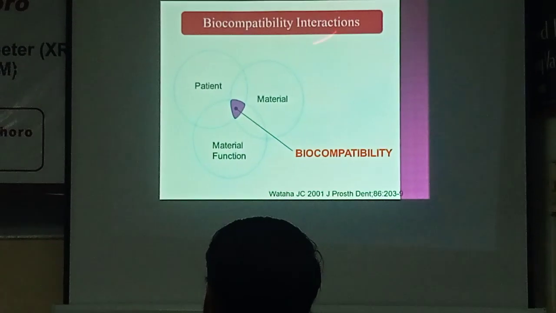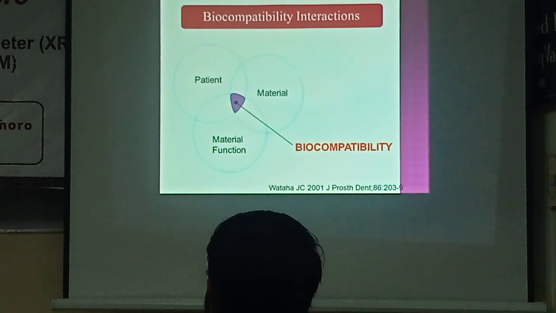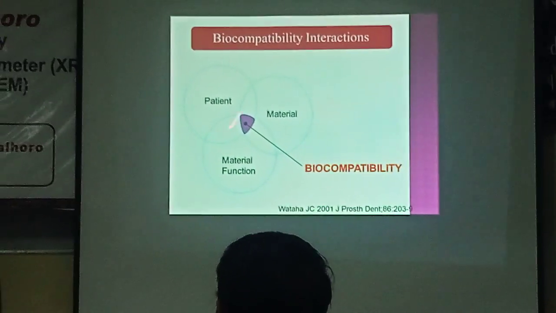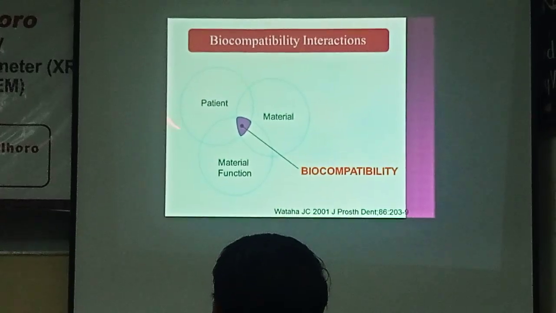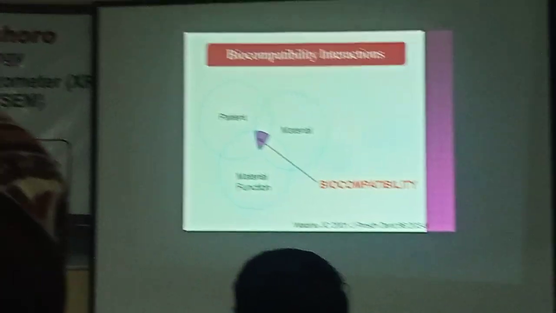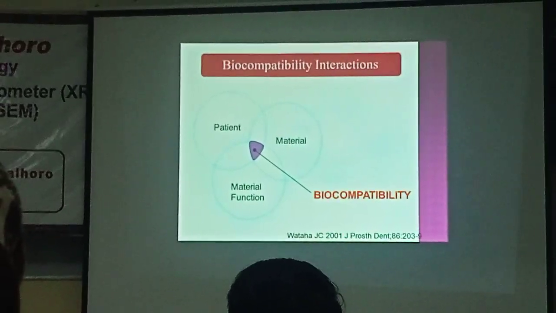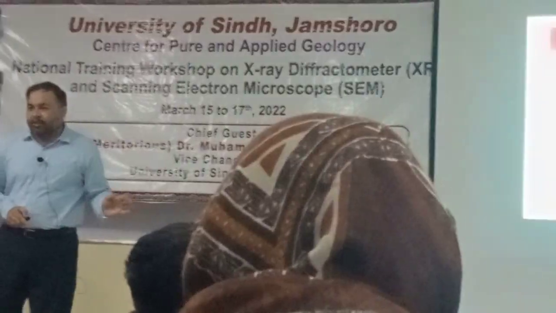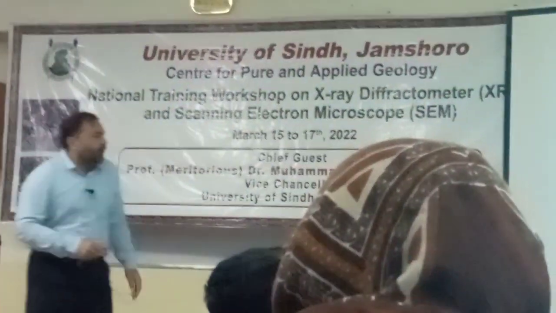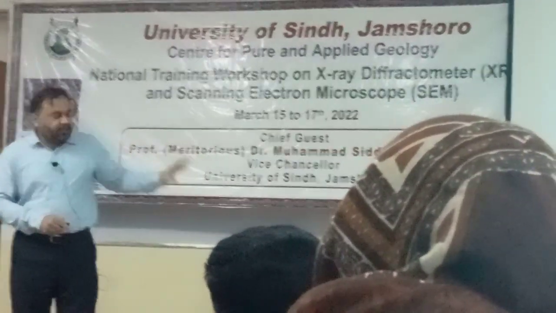Now, the biocompatibility of any material depends upon three components. The first is the patient, in what kind of patient you are going to utilize that particular material. For example, your patient is a baby, or your patient is an old-aged person. Obviously, the biocompatibility will be compromised in this condition.